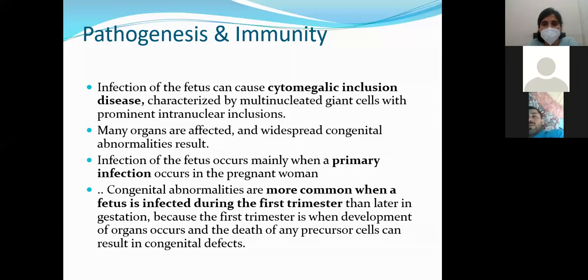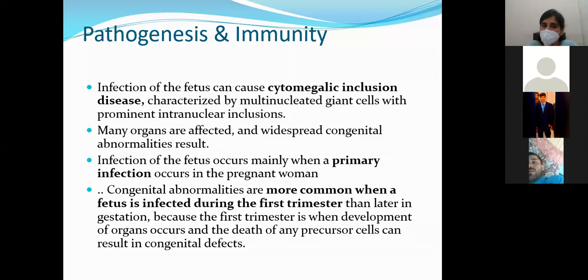Infection of the fetus can cause cytomegalic inclusion disease characterized by multinucleated giant cells with prominent intranuclear inclusions. Cytomegalovirus is known by cytomegalic inclusion disease. It causes intranuclear inclusions with prominent multinucleated giant cells.